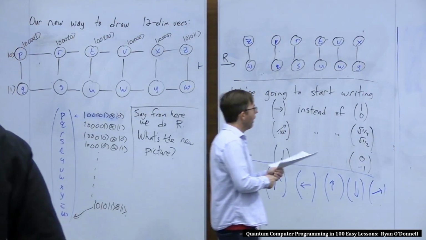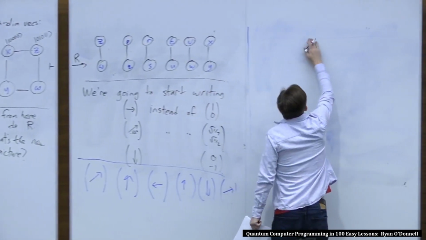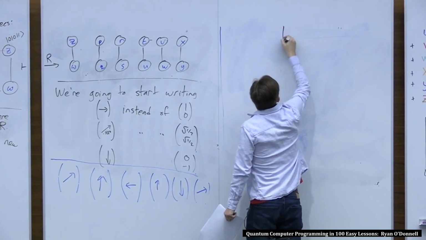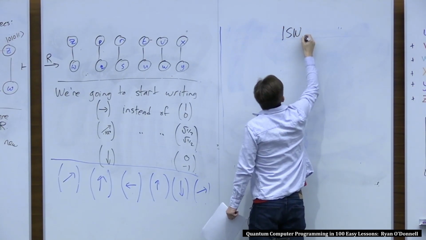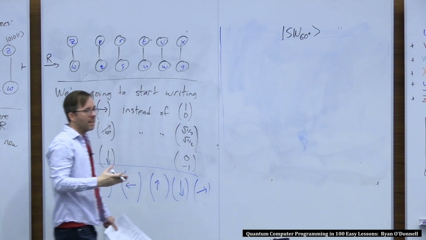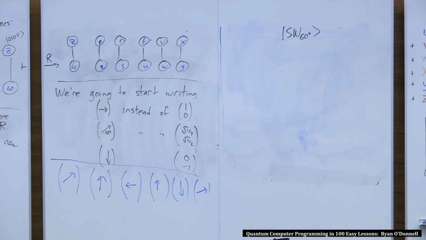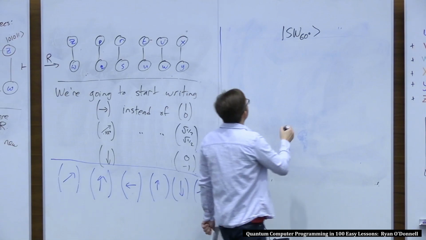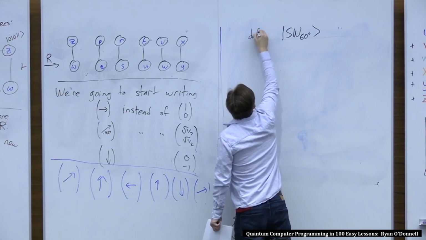So here it is. This is going to be the state. I'll call it SW for steering wheel, and I'll call it sub 60 degrees, because as we'll eventually see, it's lying in the 2D plane of rotation that R rotates by 60 degrees. And here it is. This is just a definition.